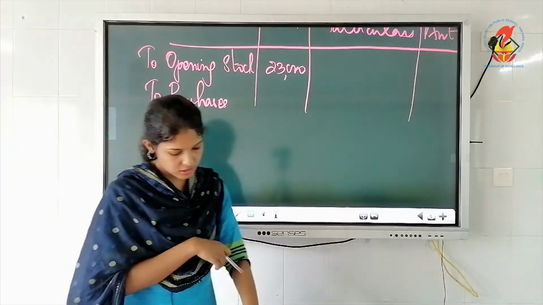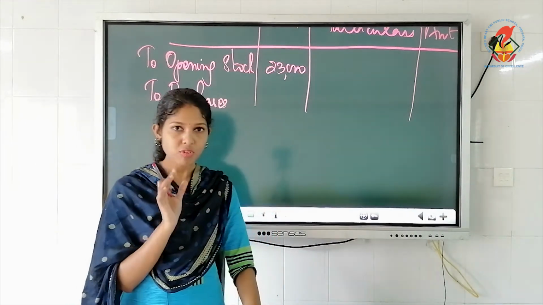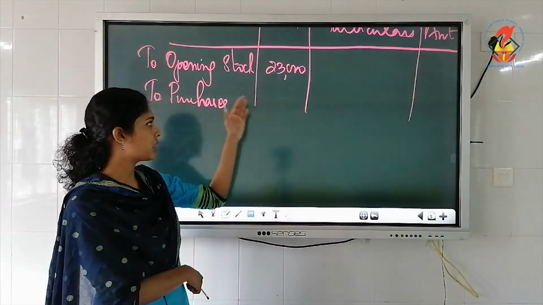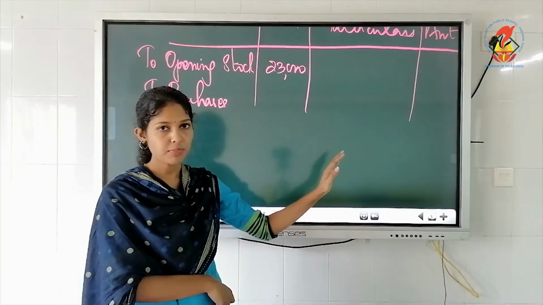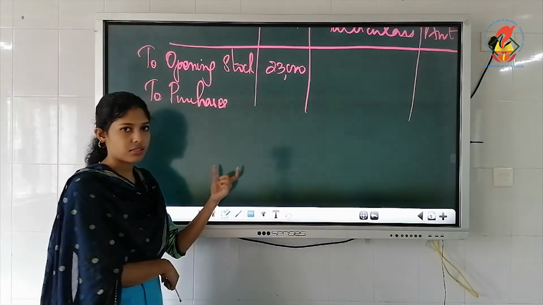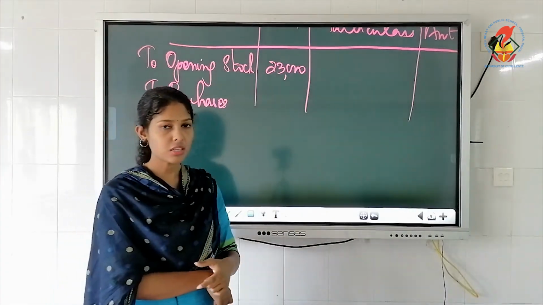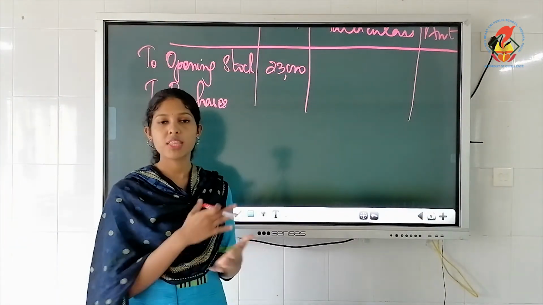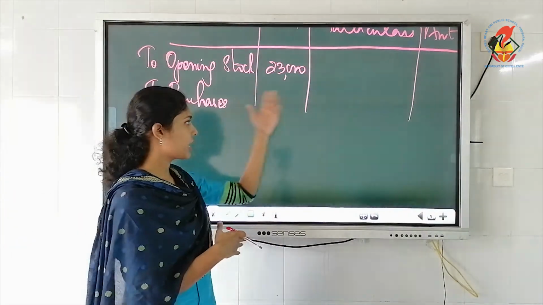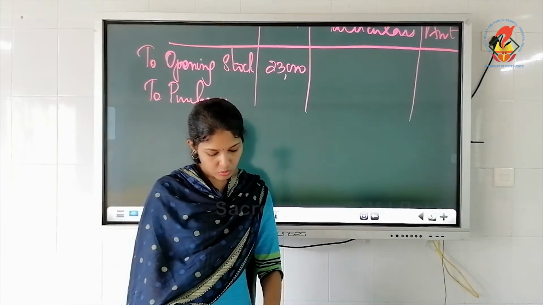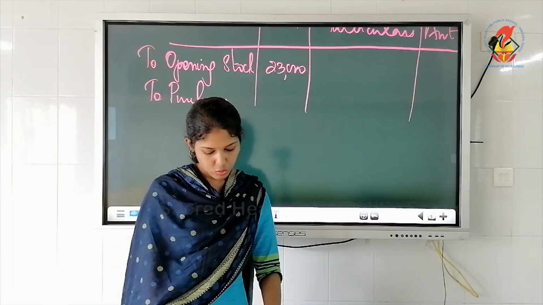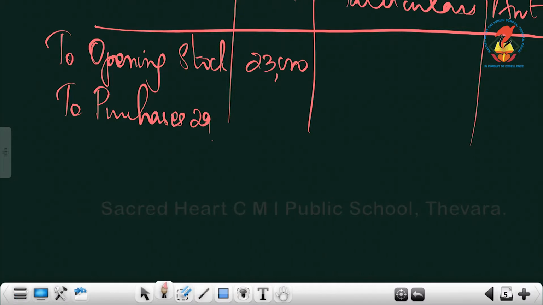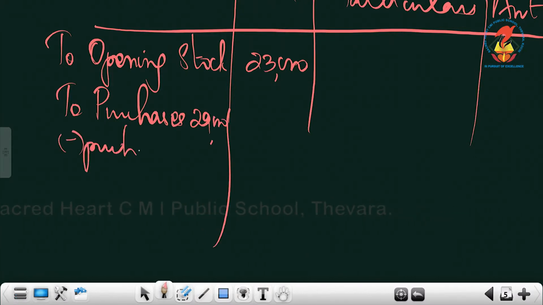To purchases, you have to see whether the amount is to be written in the inner column or outer column. If there is returns given in the question, you have to write purchases figure in the inner column, or else if there is no returns, you can directly write in the outer column. Here we have purchases return. So purchases figure 29,000 we will write in the inner column, less purchases return.